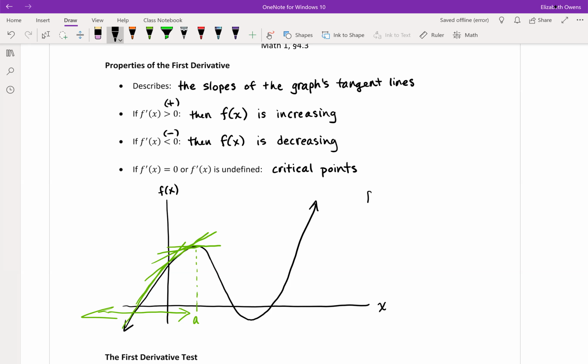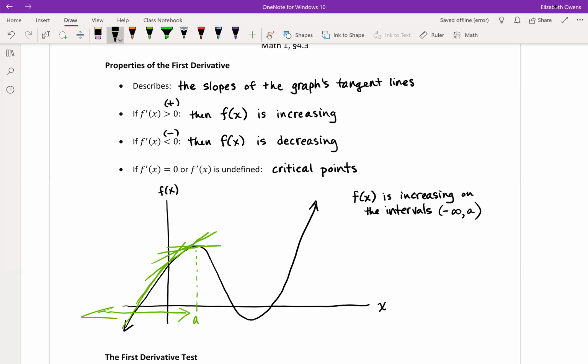So we can say here that f of x is increasing on the intervals, let's say intervals, because there's going to be another one. But one of those is from negative infinity up to A. And we'll use interval notation for this, since it will often ask for interval notation, like on my math lab, for instance. So from negative infinity up to A, that's an increase.